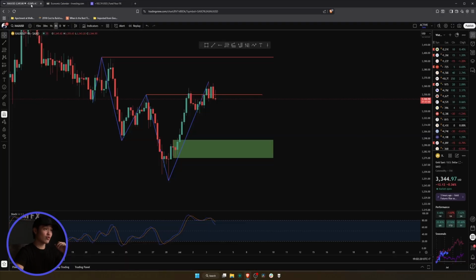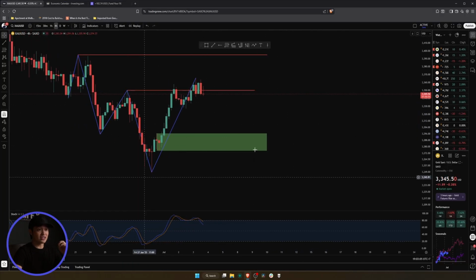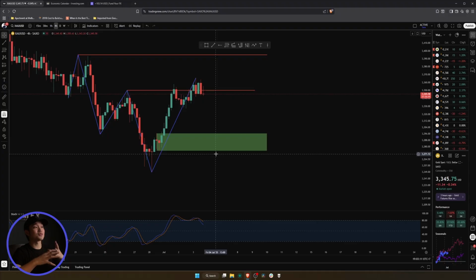For the bearish momentum on the gold, I have plotted the demand zone here, so the right momentum to enter the gold today for the non-farm payroll data is sell.